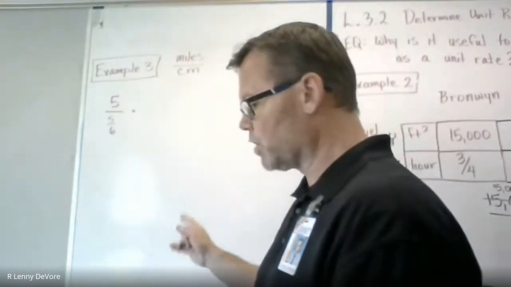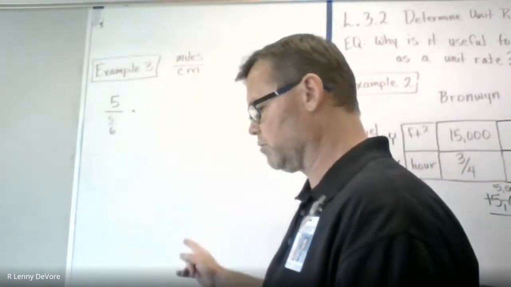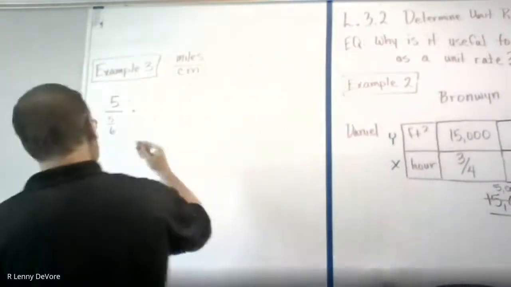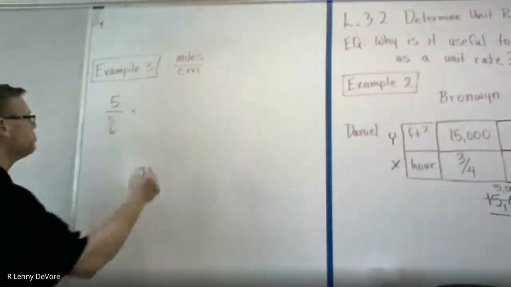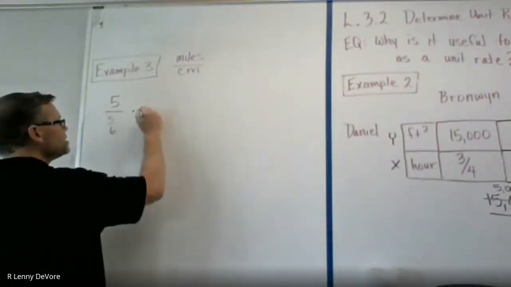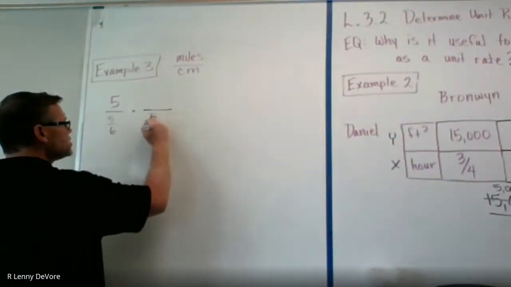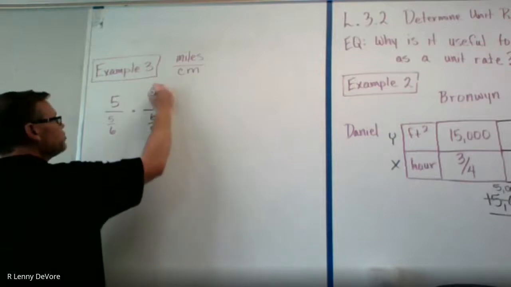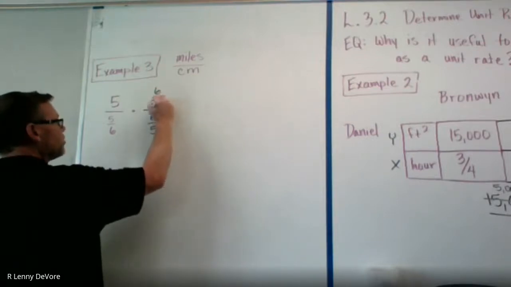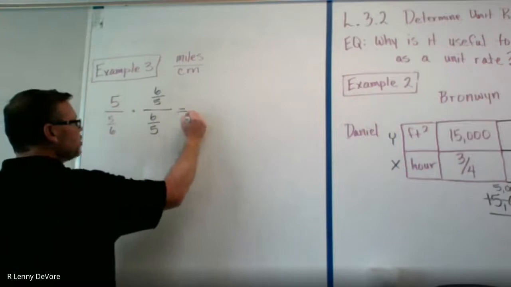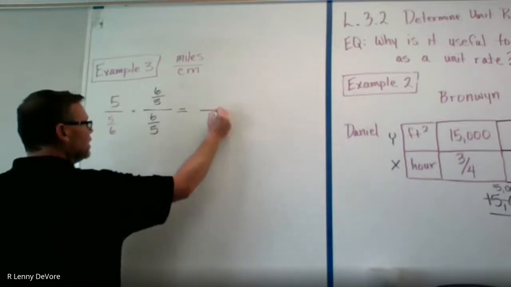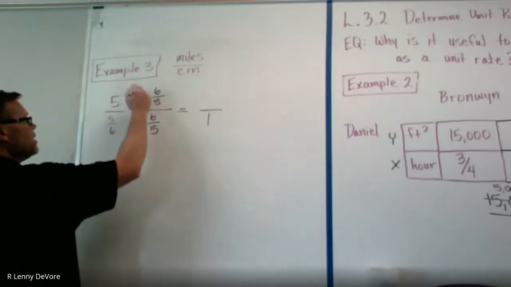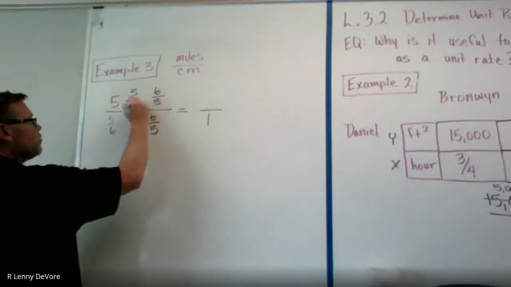Okay, and so what we're going to do first is we're going to find the unit rate. So in other words, we do the same thing we did over there. I'm just not using the boxes. I'm going to multiply this by 6/5. This, of course, equals 1. This right here, I could make this as 5/1.